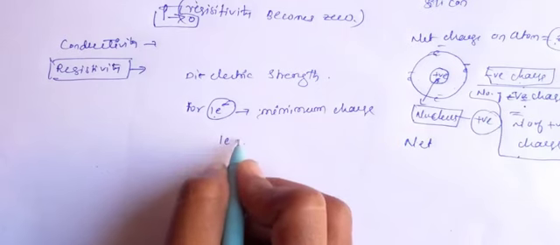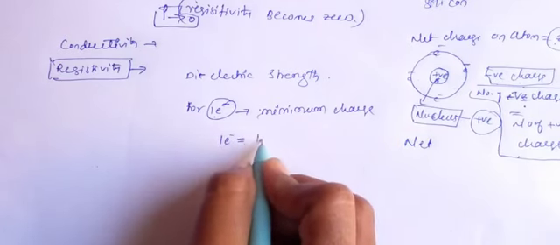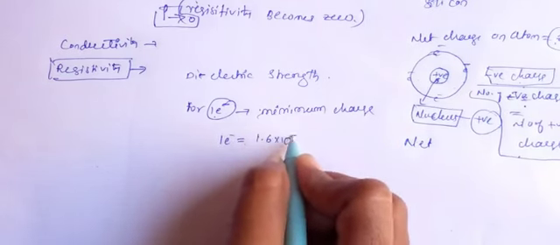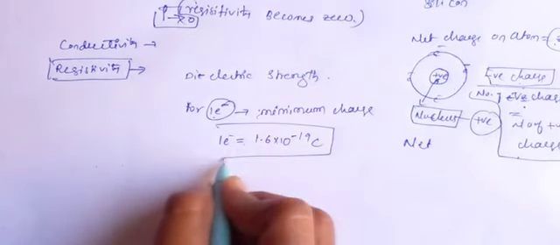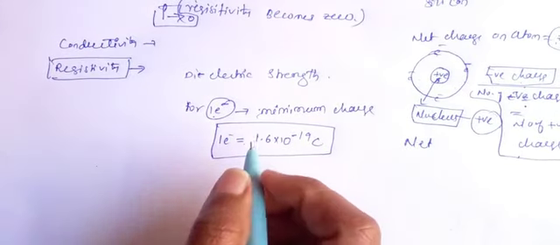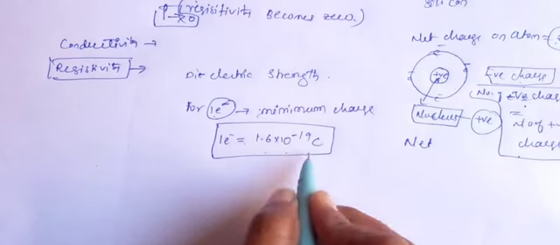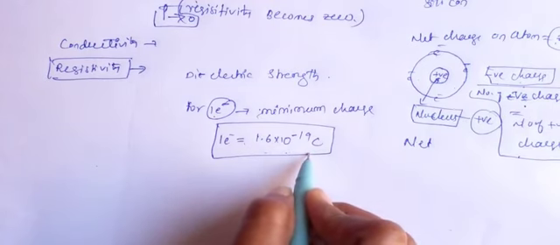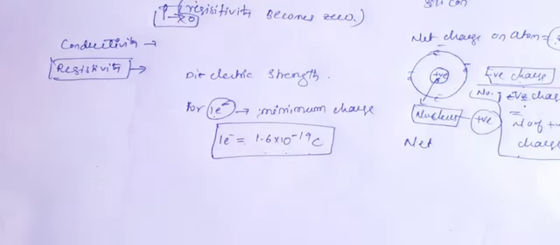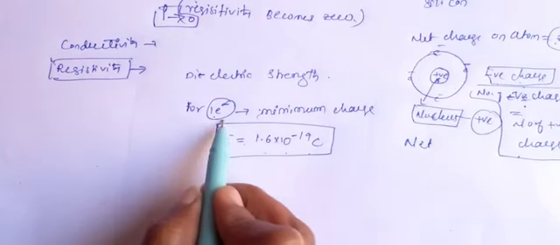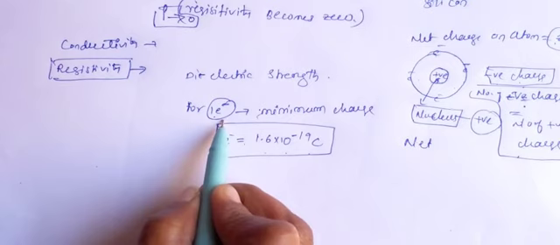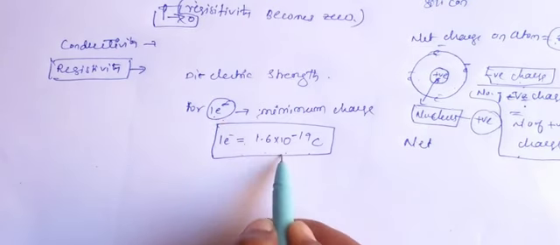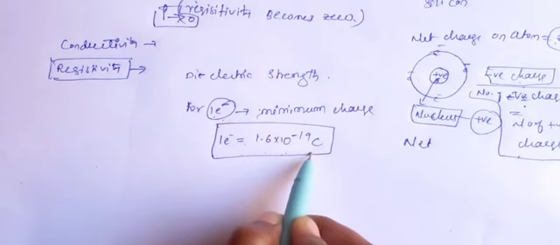The charge of one electron is equal to 1.6 into 10 power minus 19 coulombs. So the minimum charge carried by a particle inside the atom is one electron, and one electron charge is 1.6 into 10 power minus 19 coulomb.